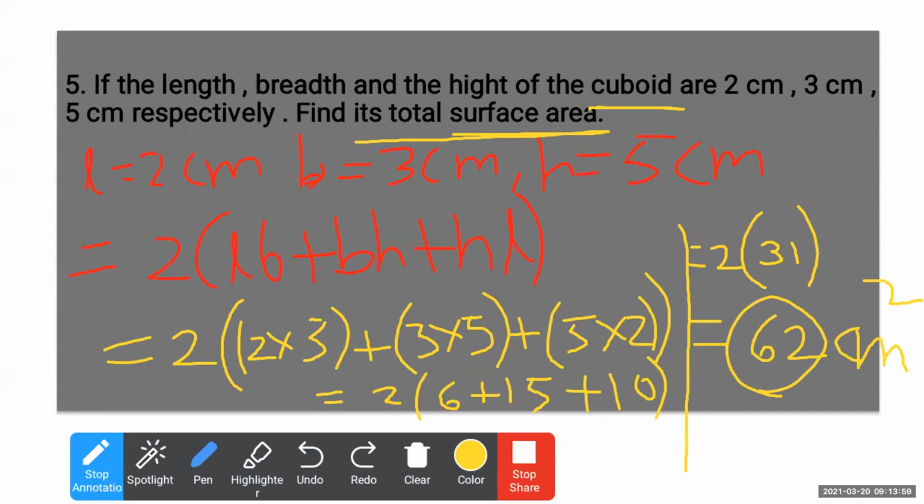So don't forget to put the unit, otherwise you will lose the half mark. It is simple. If you know the formula, write the formula, do the substitution properly, and carry out the mathematical operations. But the most important thing, students, is that whatever is in the bracket you need to solve it first. That is very important.